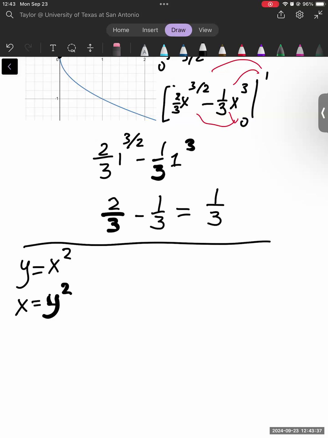I'm going to have you guys walk me through this one since it's super similar. What is step one? Get everything in terms of y.